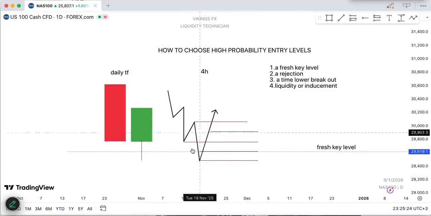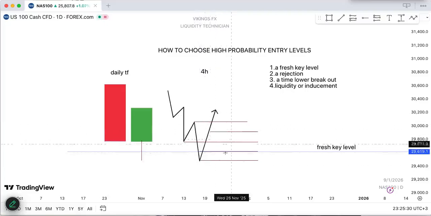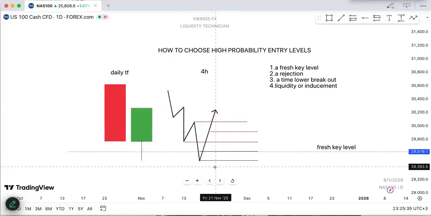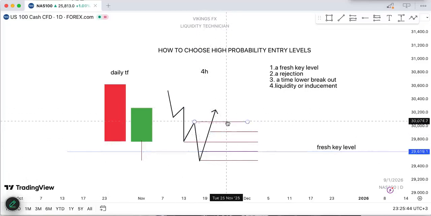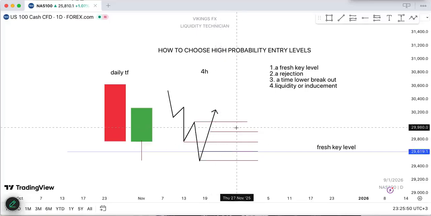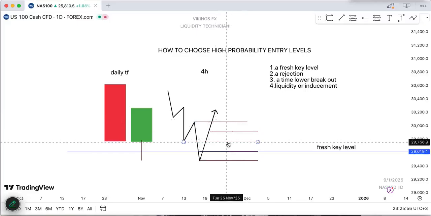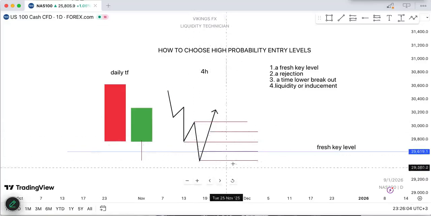Whenever you find yourself in such a scenario, when you have more than 2 entry points, neglect all the first ones and focus on the last 2. If it is me, I will neglect this one, this one and this one also, and I will focus on this and this. But this is not the professional way to deal with this issue.